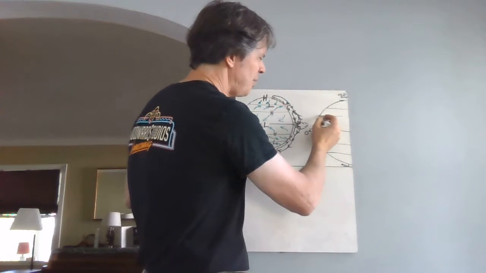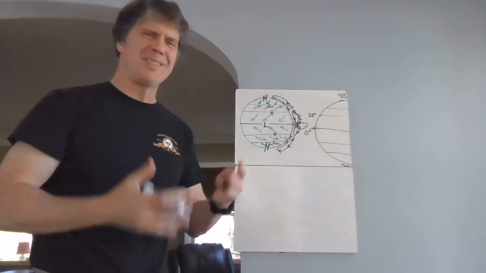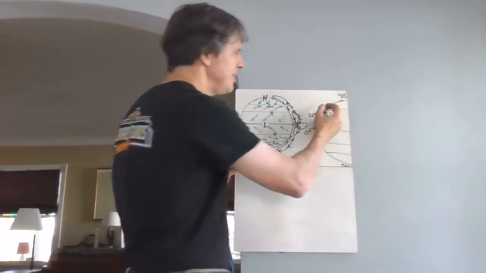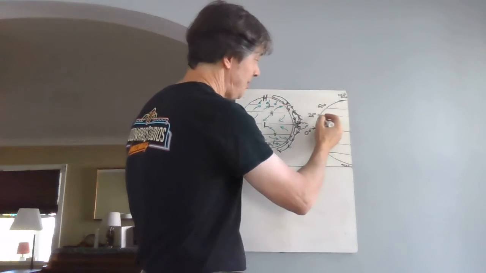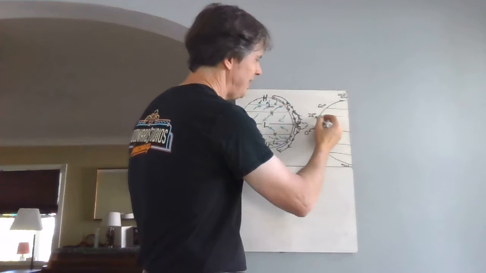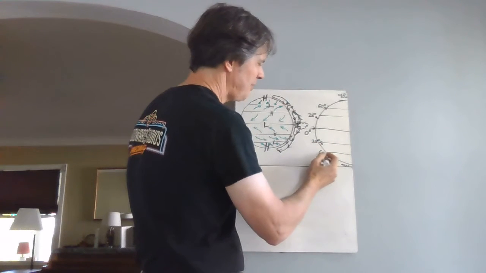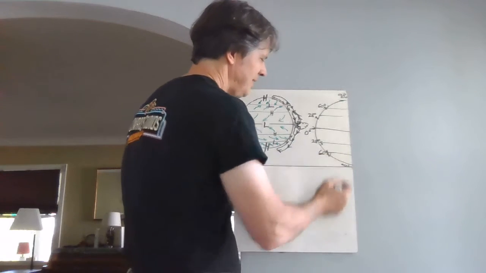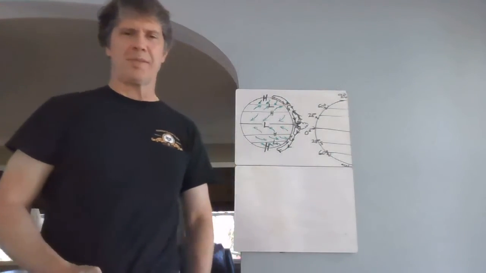These latitudes are approximately, I'm going to use the number 28 here. It's not exactly that, but it's 25, 30, somewhere in there. And this is approximately 60 degrees north and south. And these aren't temperatures, they're latitudes, okay? So roughly speaking, our zones break up about there. That's about where this three-cell circulation breaks up.